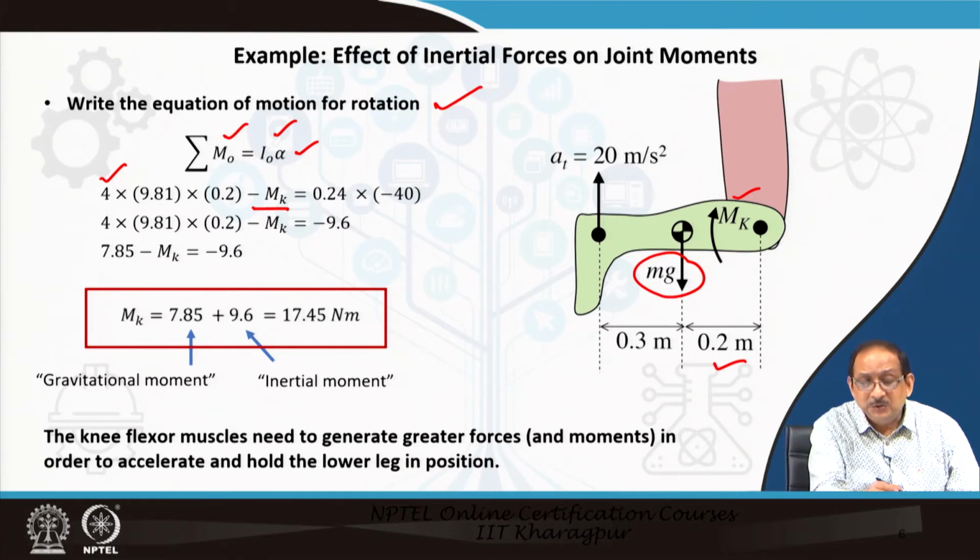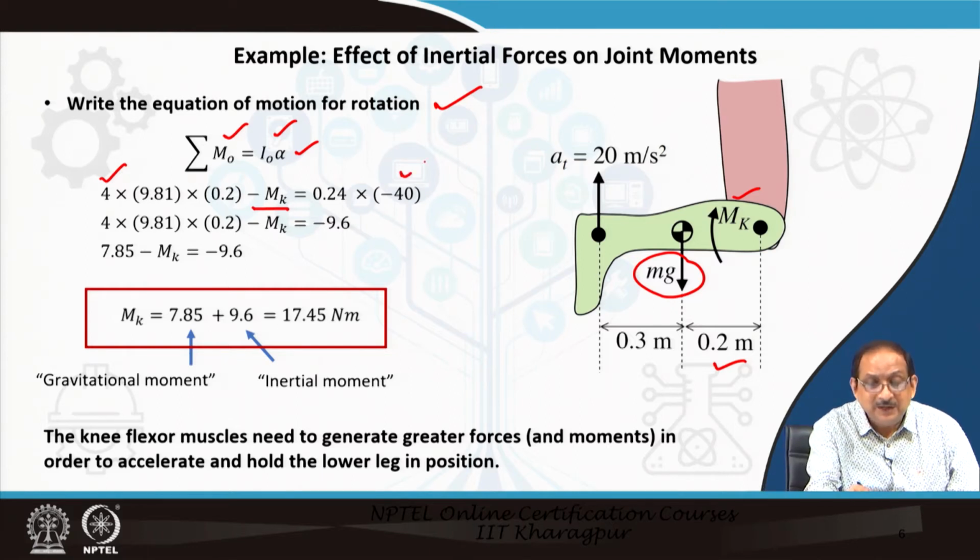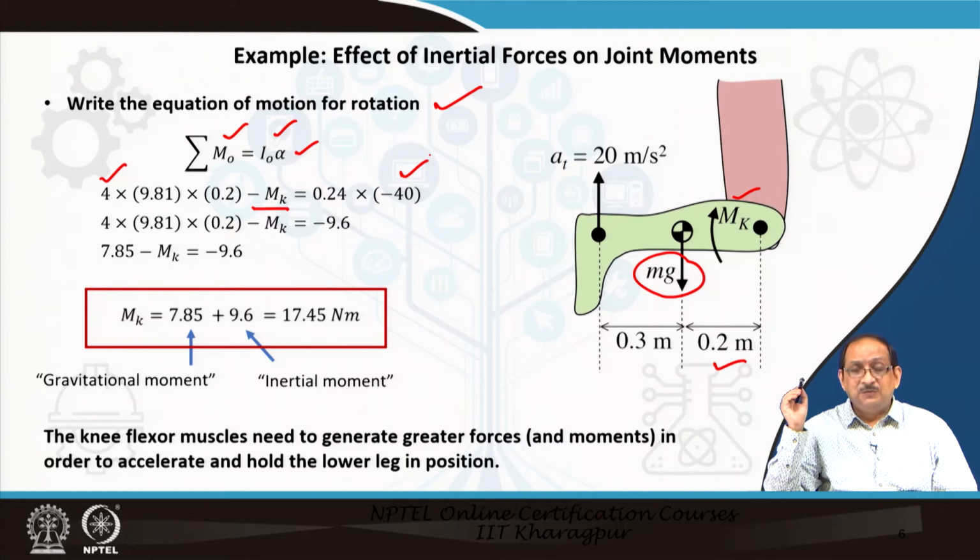These two on the left hand side are equal to the I alpha term, where I was calculated earlier as 0.24 and the angular acceleration as 40 radians per second square.